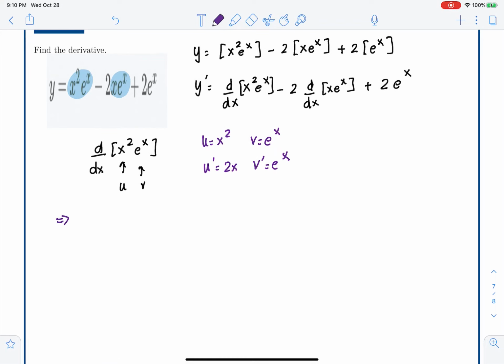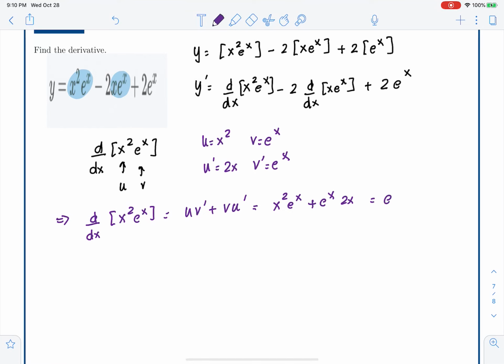Therefore, the derivative of x squared e raised x is u v prime plus v u prime, which would be x squared multiplied by e raised x plus e raised x multiplied by 2x. e raised x is in common and an x is in common. So if we pull that out, we'd end up having x plus 2.